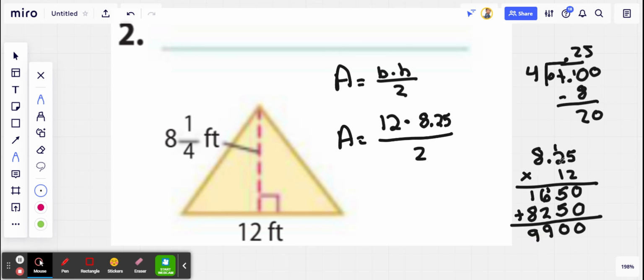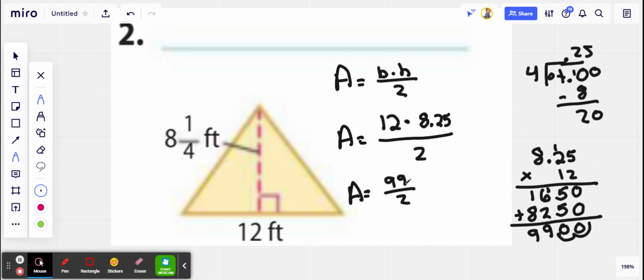All right. So here we go. Let's go ahead. We have 2 jumps. So 1 and 2. Here we go. All right. So this equals 99 divided by 2. Oh, okay. Well, that could be an answer, but let's find out what this is. Let's put it back into a mixed number. How about that?